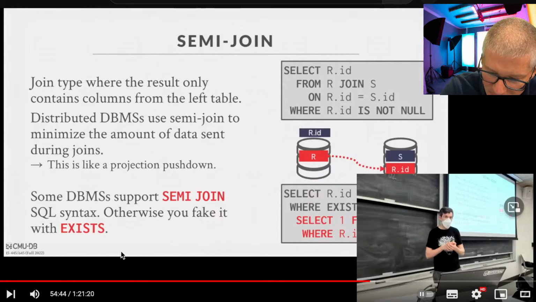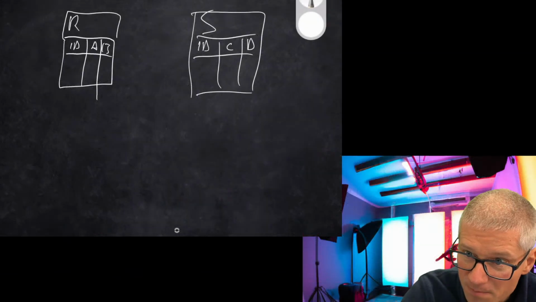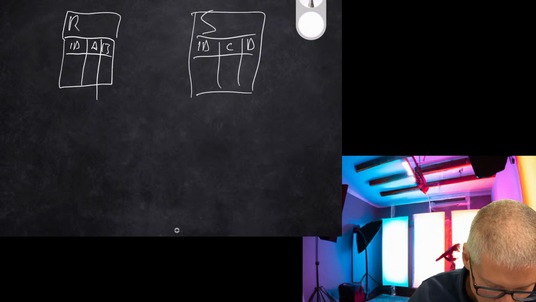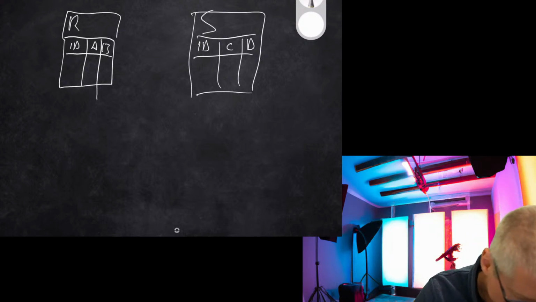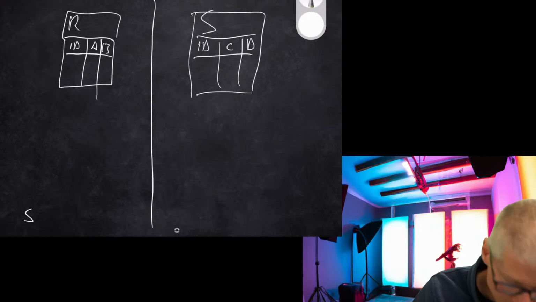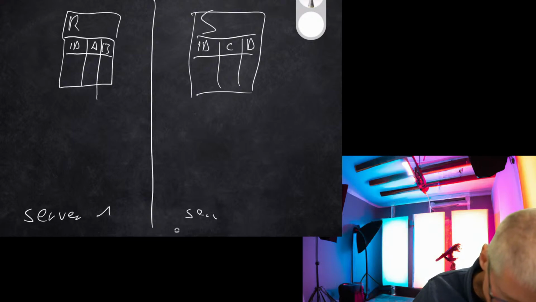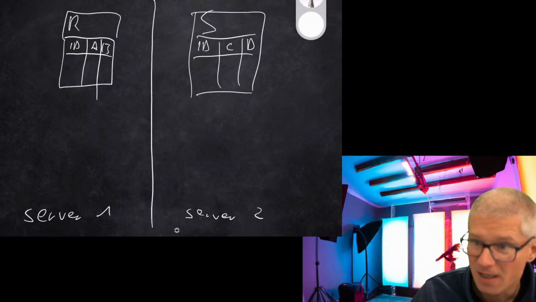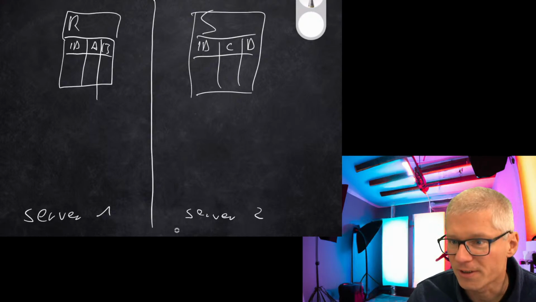But back to the example, he's basically trying to explain: in this situation, we have two relations R and S, and this relation sits on server 1, and this relation sits on server 2. Another question is, okay, how do you perform a join?